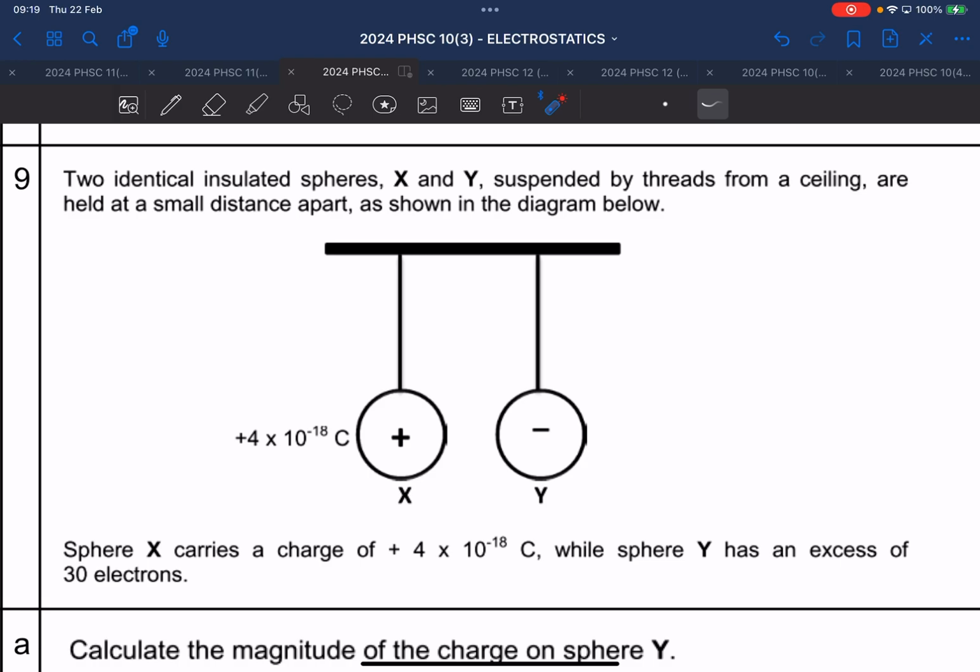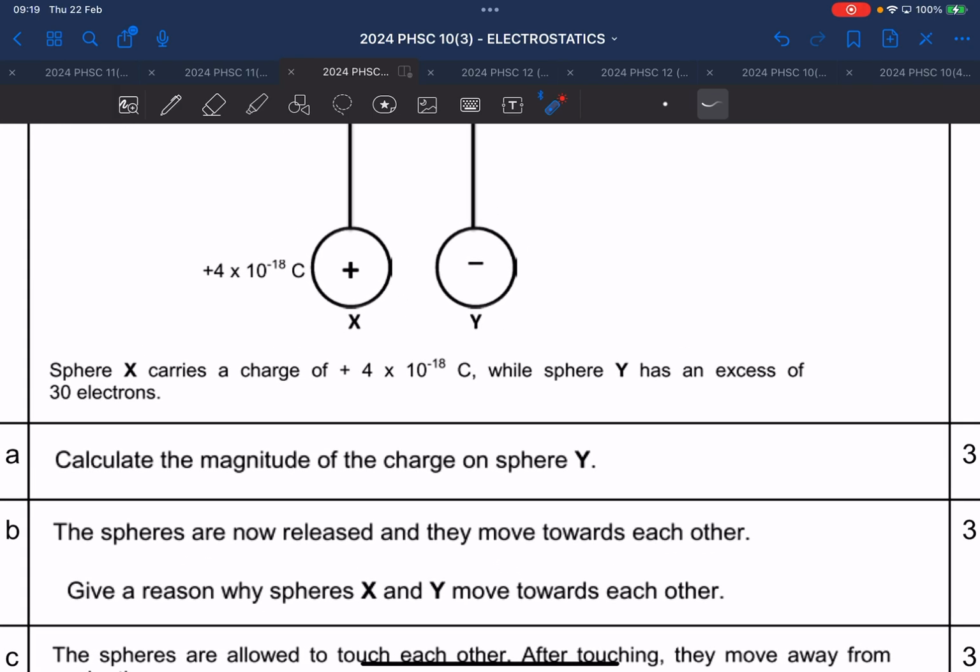Okay. Now it says calculate the magnitude. What does the word magnitude mean again? You read a word and you do not know what it means. Then how can you answer the question?